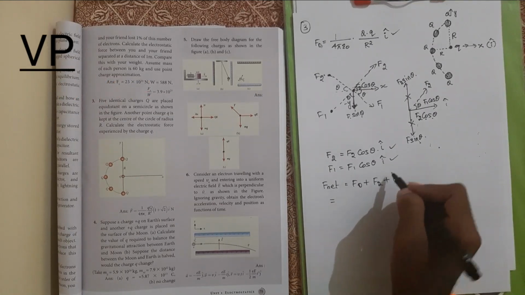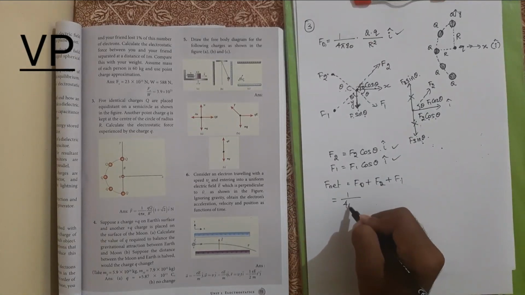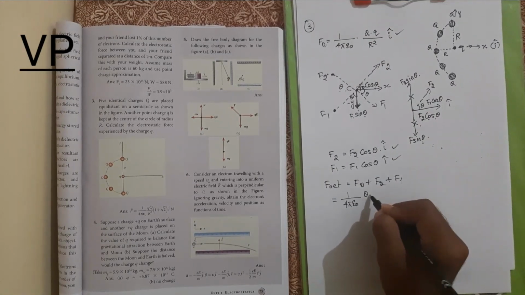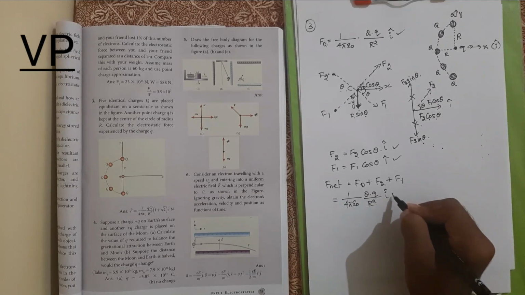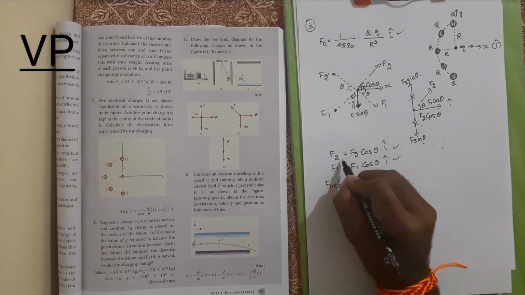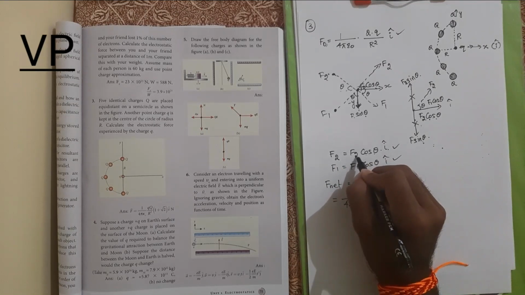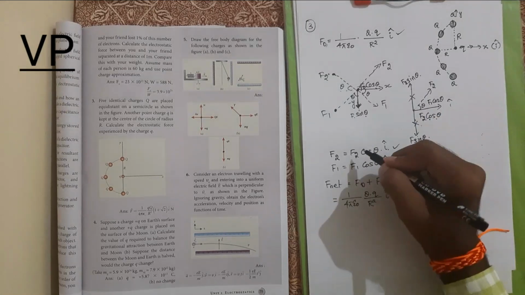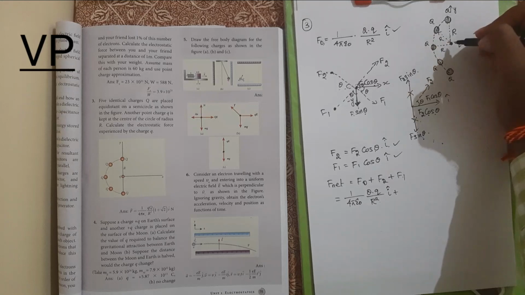So I will substitute the values here. For F0 it is 1 by 4 pi epsilon naught into q by r square i cap. And for F2, we have F2 cos theta i cap. What is F2 here? You may note that F2 is nothing but the force due to these two charges, right? This charge and this charge. The distance is r, and the two charges are capital Q and small q.